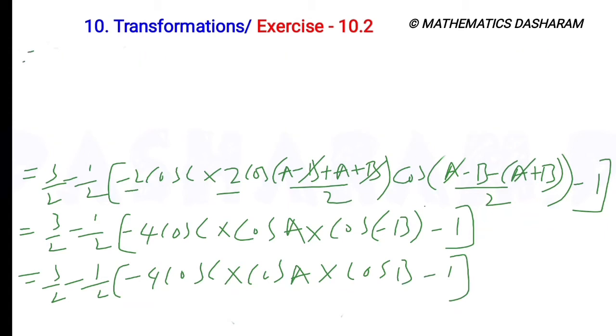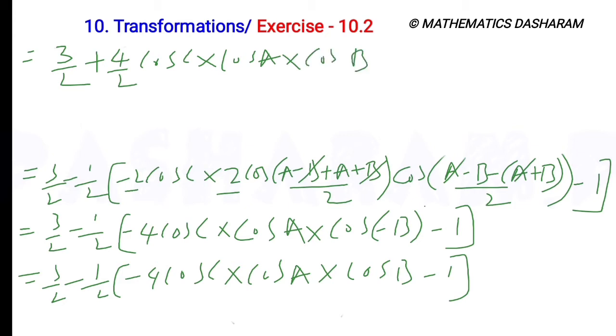So it is equal to 3 by 2. Let's multiply this minus 1 by 2 inside. So minus into minus is plus 4 by 2 into cos C into cos A into cos B, and here minus 1 by 2 into minus 1 is plus 1 by 2.